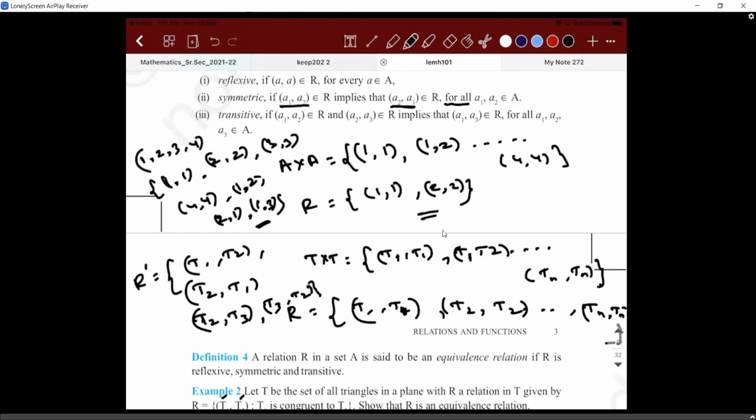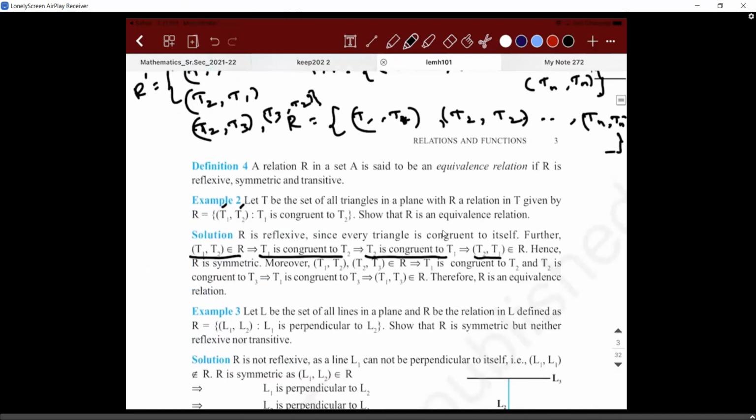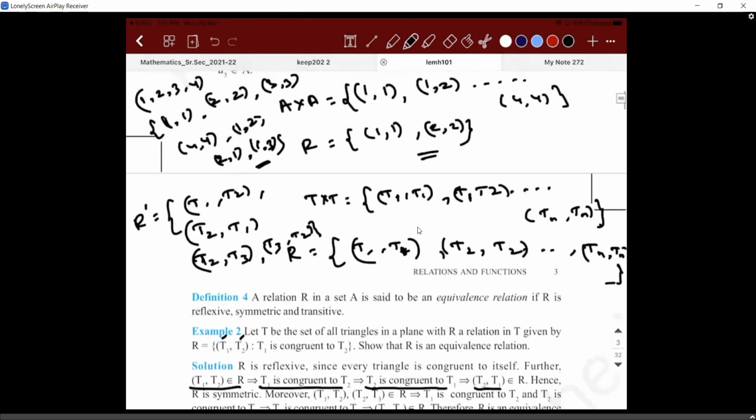So if there is an element 1, 3 in the ordered pair that is present, it should have 3, 1. For example, in this problem, what has happened? You found T1, T2. So triangle T1 is congruent to triangle T2, and T2 is congruent to triangle T1. So for every ordered pair 1, 2, you are able to find the vice versa also. If you have 2, 3, you'll be able to find 3, 2. So correcting my statement, yes, you need to have that also. So if 1, 2 is there, you need to have 2, 1. If 1, 3 is there, you need to have 3, 1. So that's how it works.